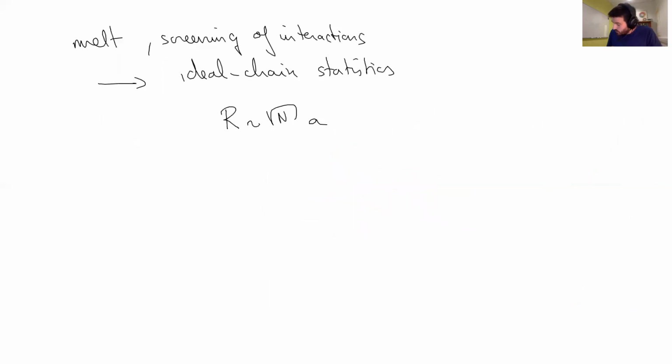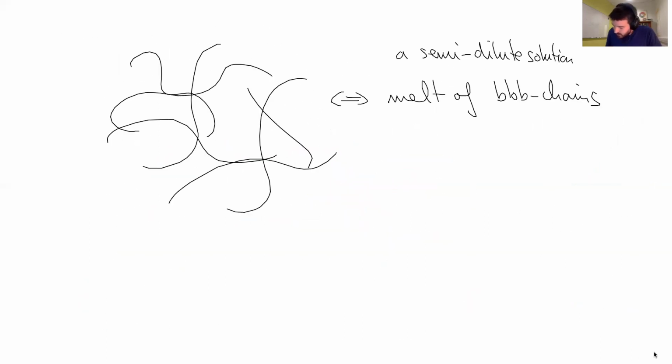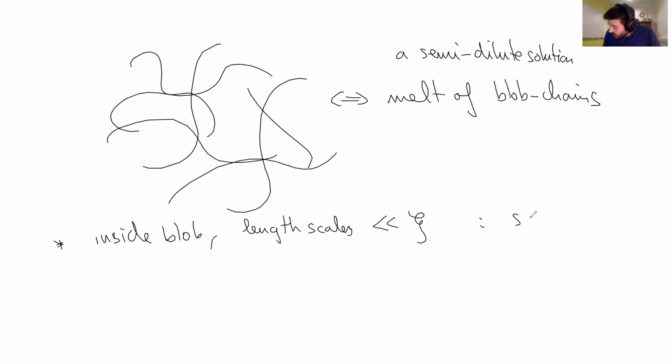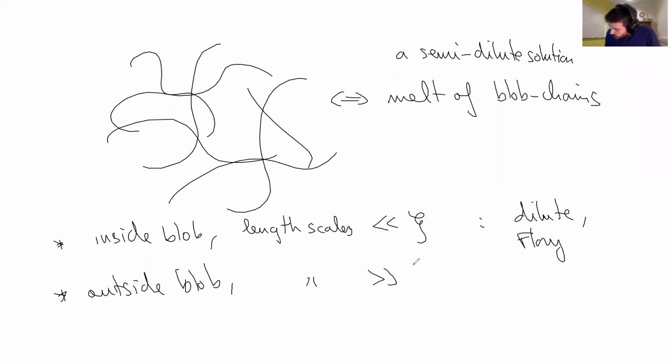And so therefore, what you would say for those blobs is that inside a blob, meaning, sorry, at length scales smaller than Xi, you have dilute properties, or Flory. Outside the blob, on the long scale, now you are much bigger than Xi.